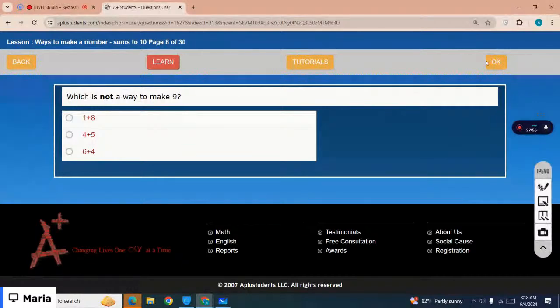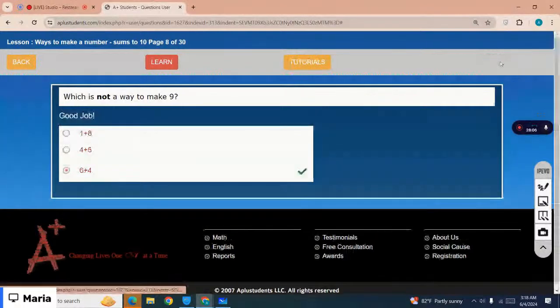You don't have to make 9, right? So the correct option is, yes, option number 3. 6 plus 4 is the correct option.